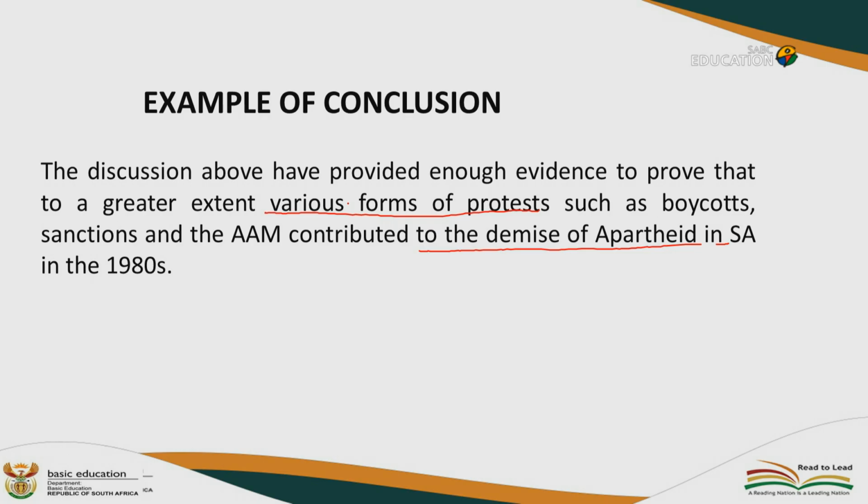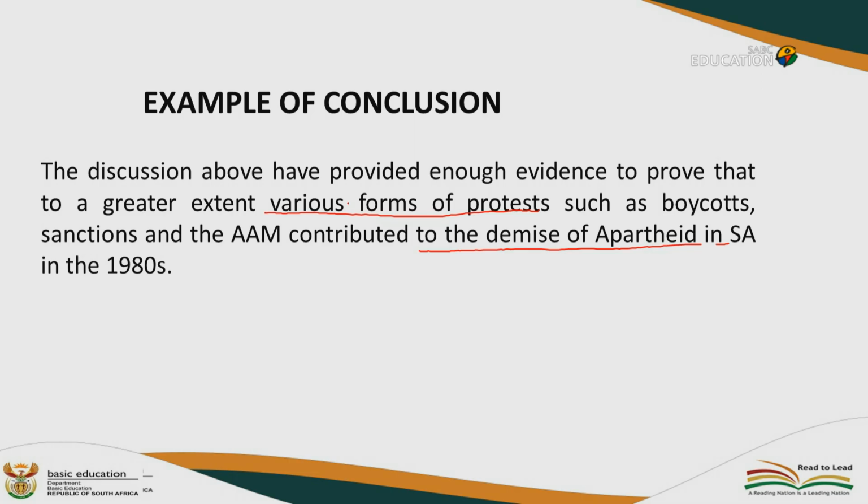You can also make the introduction the same as the conclusion. If you say to a larger extent, or as I have explained, that to a larger extent, international forms of resistance, such as protest, boycotts, and sanctions, contributed to the fall of the apartheid government.